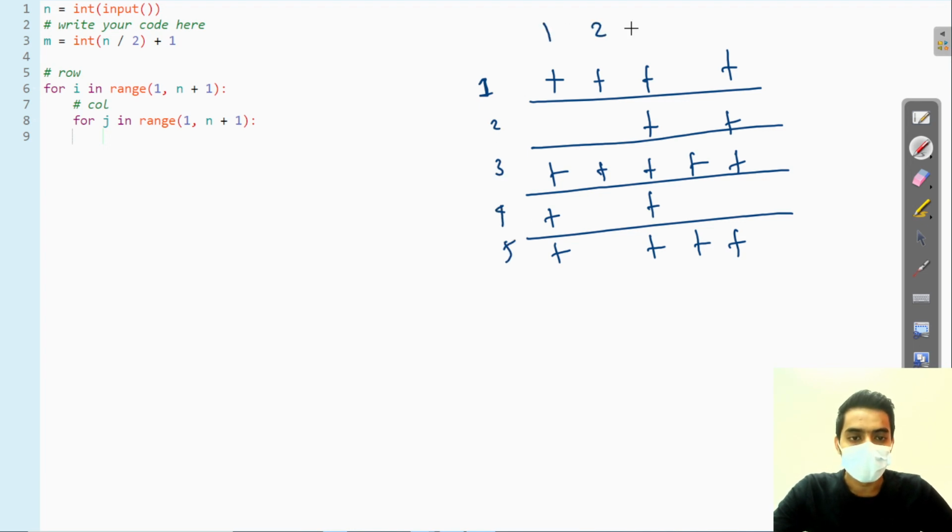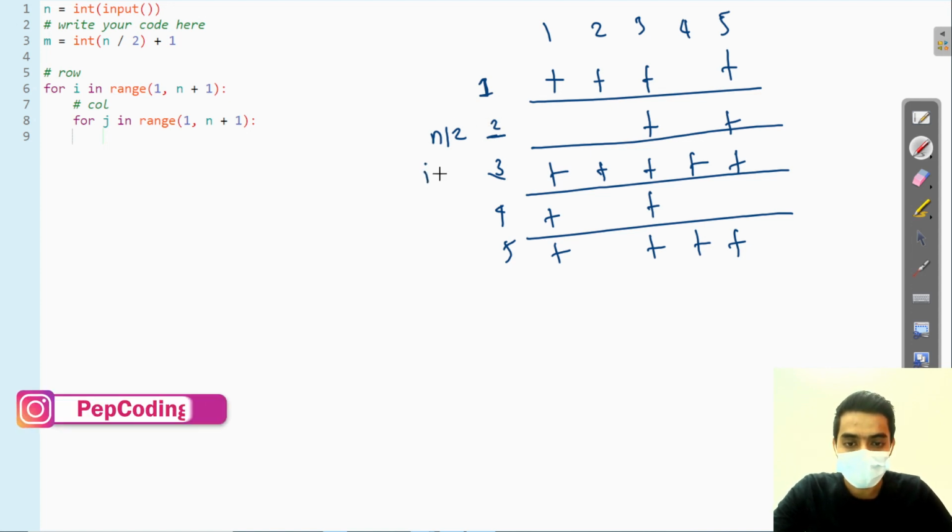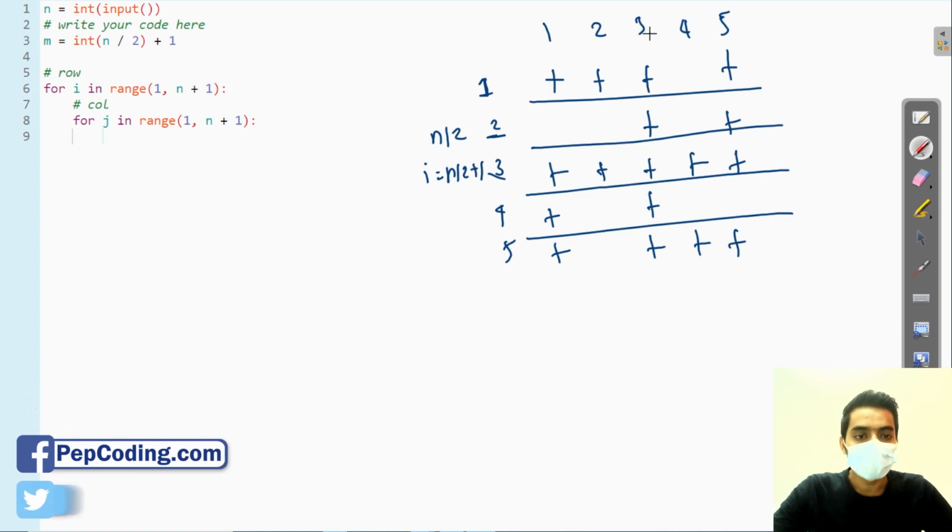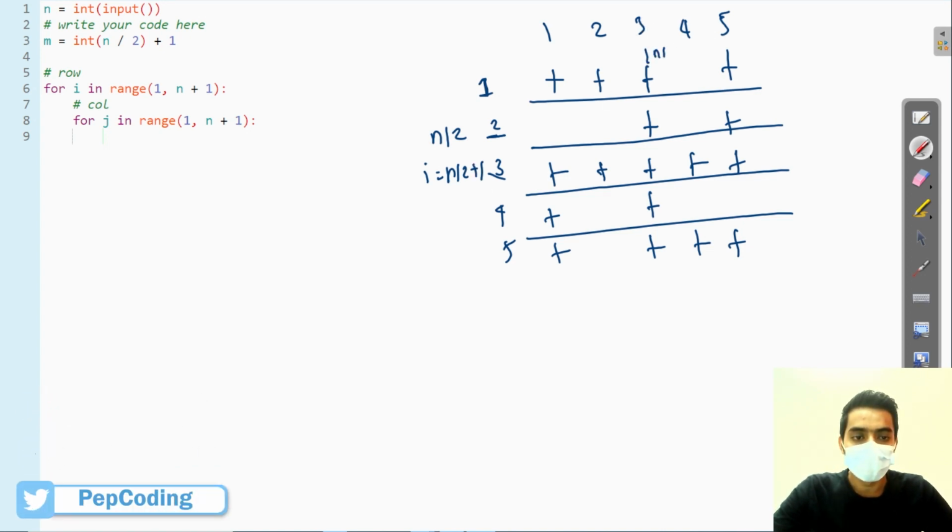At this position j is n by 2, and at this position i is n by 2, at this position i is n by 2 plus 1, and at this position j is n by 2 plus 1, and at this position j is n by 2.